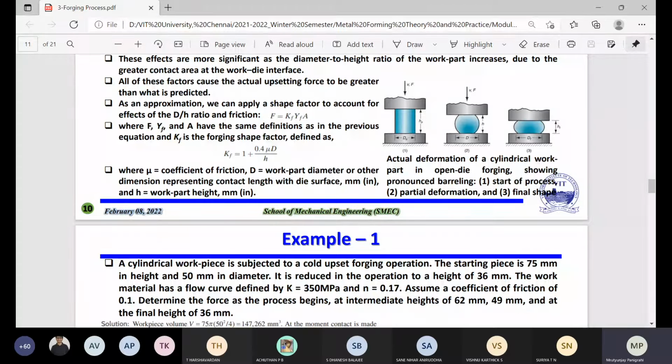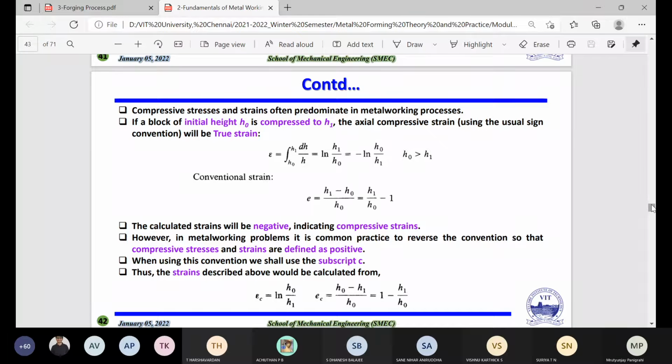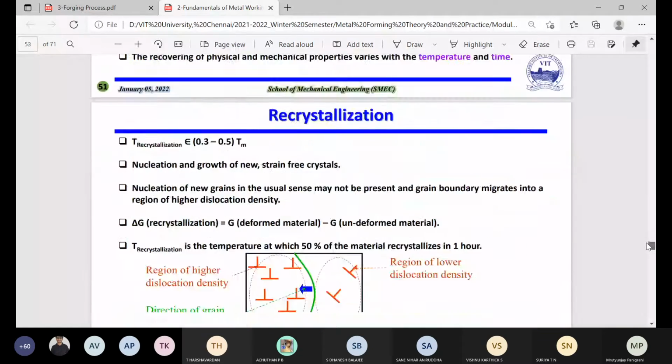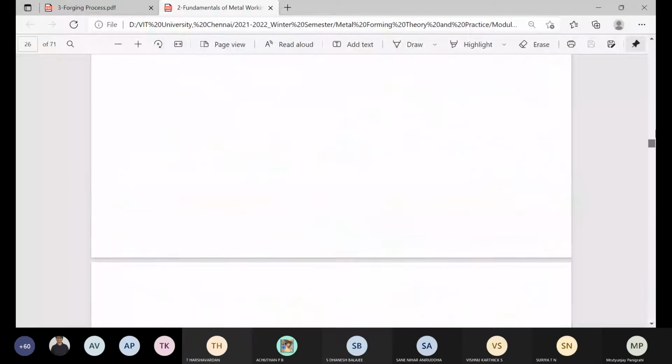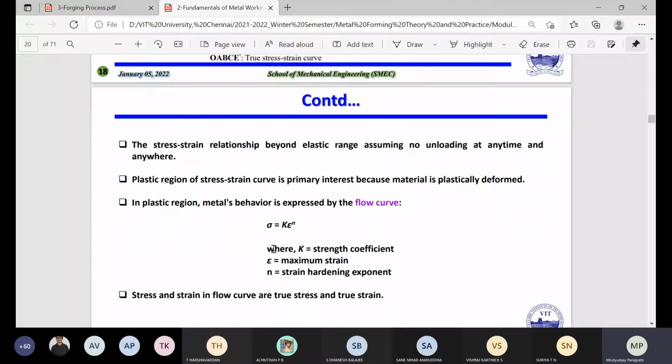Okay, one second, I will open module 2. This one, can you see the screen? Yes, sir. K epsilon to the power n.